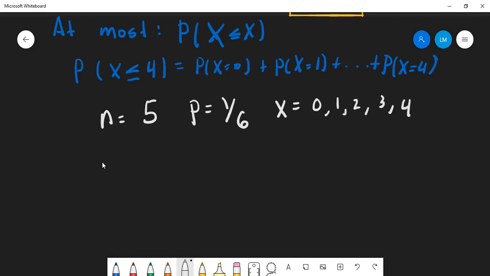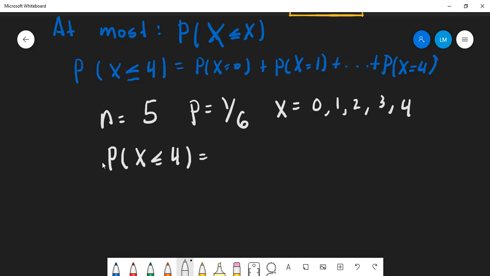But we don't have to do it this way because there's an easier way. Thankfully, we have x is less than or equal to 4. If I happen to accidentally write capital X, little x, it's okay, just as long as you understand that the random variable is given by x.